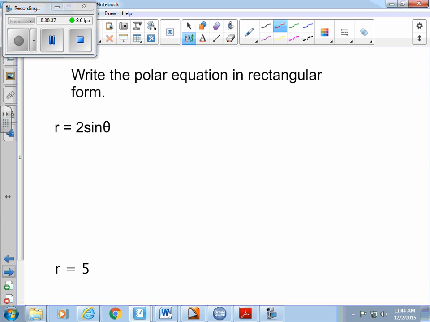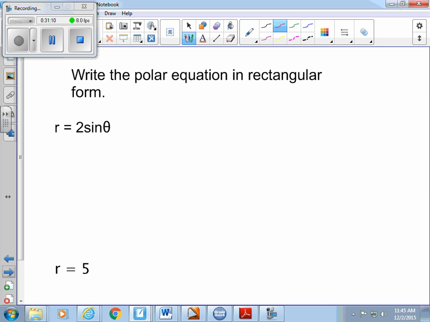Okay, r equals 2 sine of theta. I want to go backwards. I want to write these as rectangular coordinates. It definitely has a y in it, but what's it missing to be a y? What is y equal to? R sine theta. Wouldn't this equation be much, much easier to work if there was an r on the right?